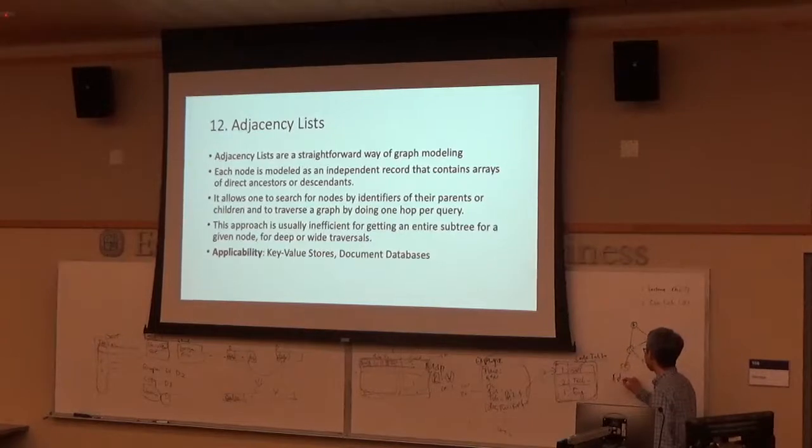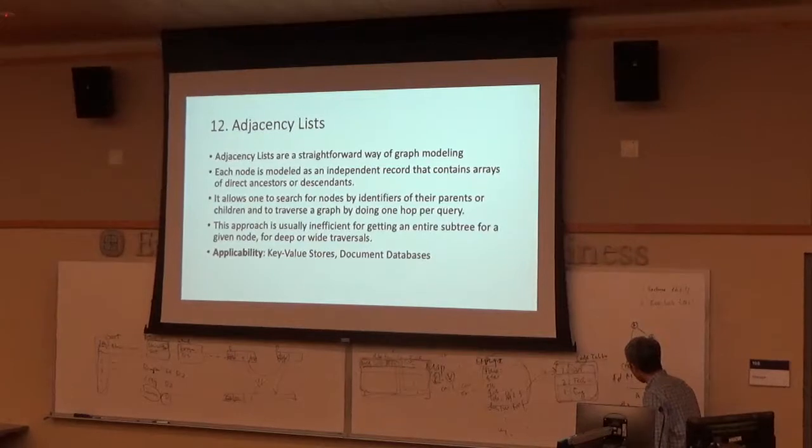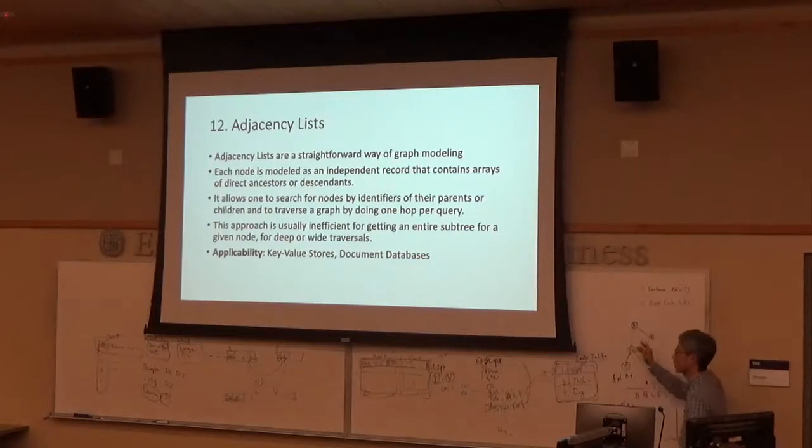The adjacency matrix is represented by number of nodes and also number of nodes. In this case, A, B, C, D, E, and A, B, C, D, E. Then for A, the diagonal is the same node, so we can put 1.